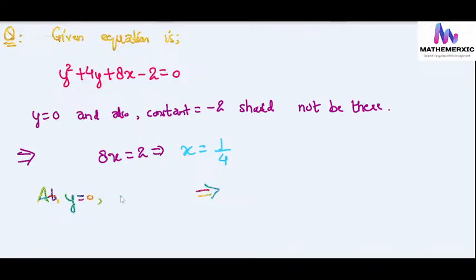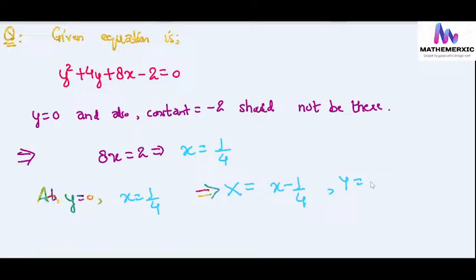So capital X will be equal to x minus 1 by 4, and capital Y will be equal to small y, since k is equal to 0 here.